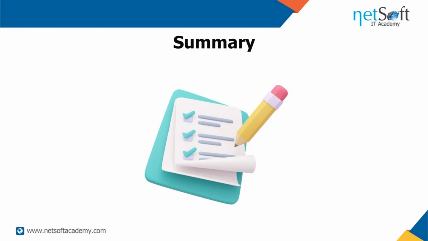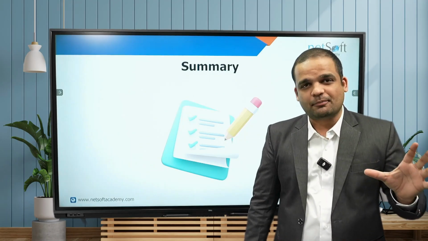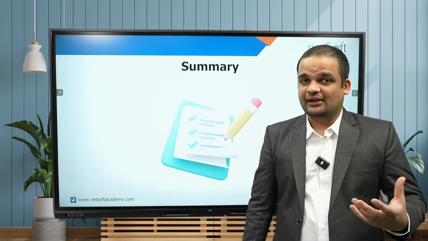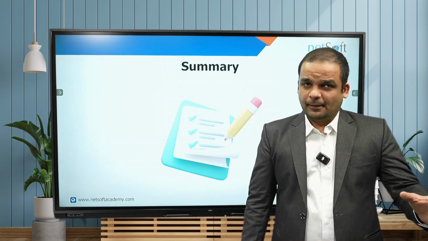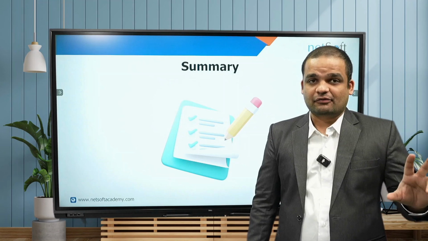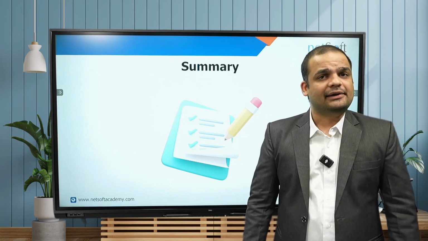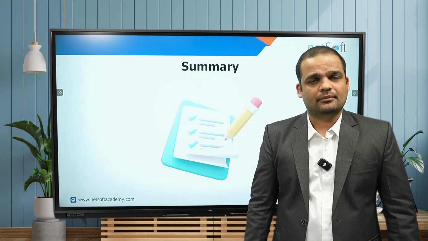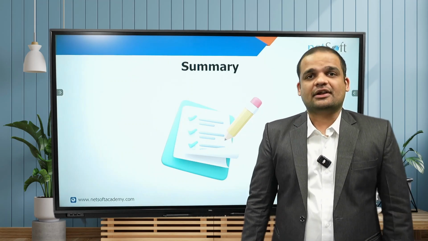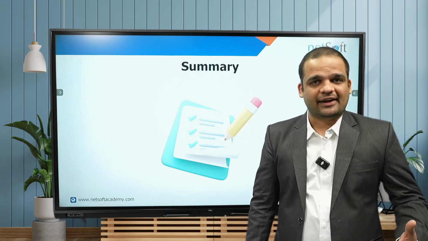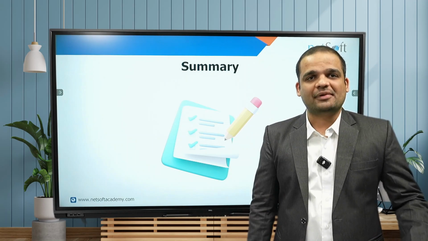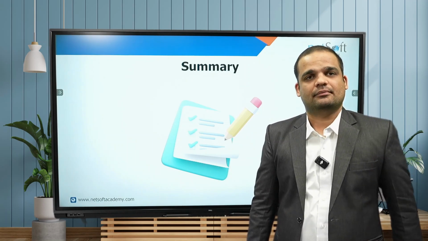To sum up, cloud computing offers a variety of deployment models, each designed to meet a specific business need. Public cloud is cost-effective and highly scalable, ideal for businesses looking to minimize infrastructure cost. Private cloud provides enhanced security and customization, perfect for organizations with specific performance and regulatory requirements.